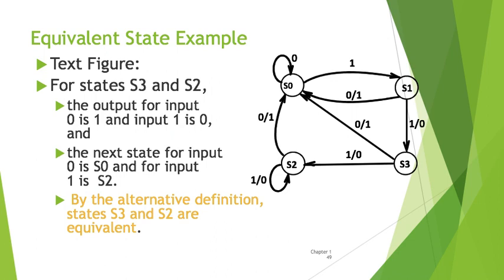Let's see here. We are looking at state 2 and state 3. In state 2, when the input is 1 the output is 0, and the next state is state 2. Here the next state is also state 2. When the input is 0 the output is 1, and the next state goes to 0, and here it goes to 0 again.